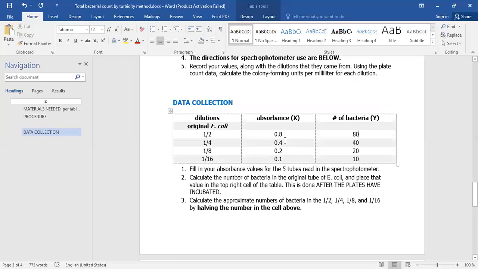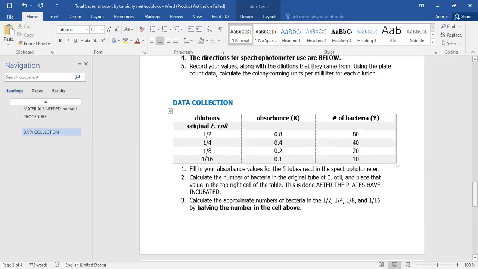When the absorbance decreases, the number of bacteria also decreases. At 0.2 absorbance, bacteria is found at 20, and at absorbance 0.1, the bacteria is found at 10. So the bacteria is found as 10 at absorbance 0.1, and the dilution is 1 by 16.